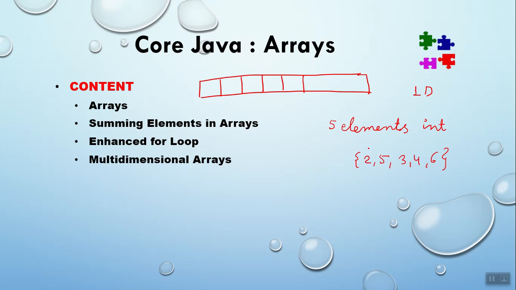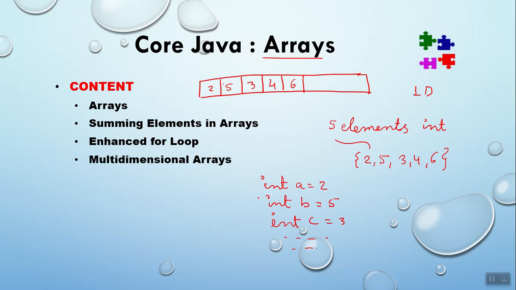So this will store this way: 2, 5, 3, 4, 6. And why are we using an array? There is an alternate option: let's declare 5 variables. A is equal to 2, B is equal to 5, C is equal to 3, and so on.